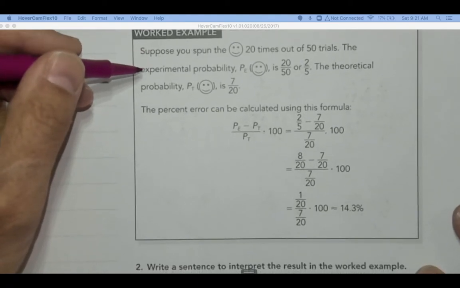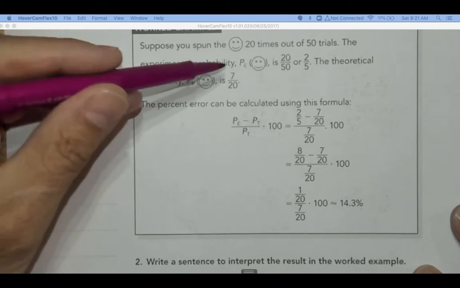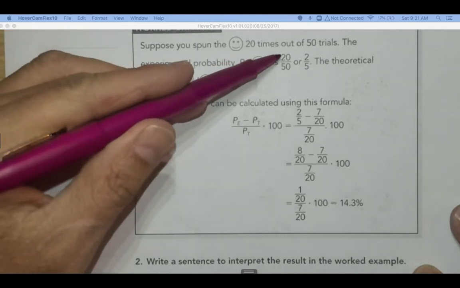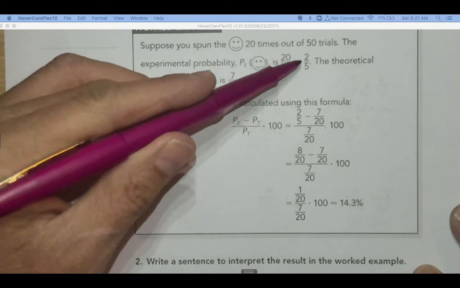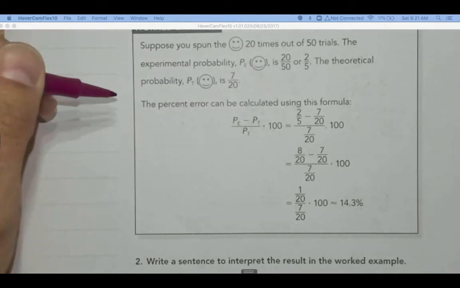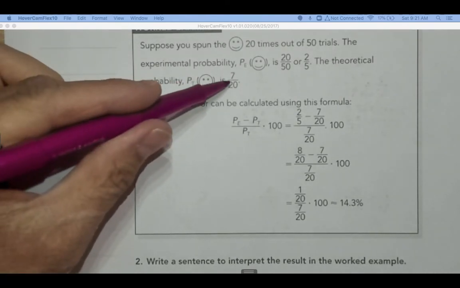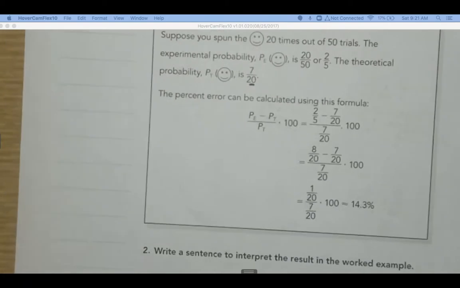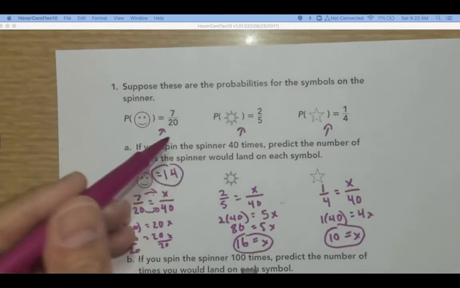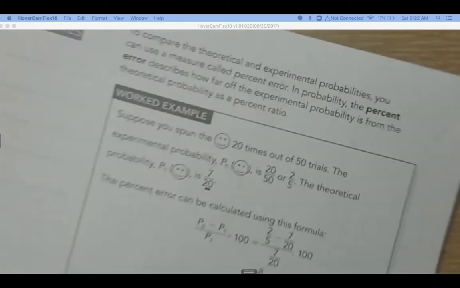The experimental probability of the smiley face is 20 out of 50, or reduced down to 2/5. The theoretical probability of the smiley face is 7 out of 20. They took this from the last page right here. And that's where I'm going to take these other ones from. Okay?